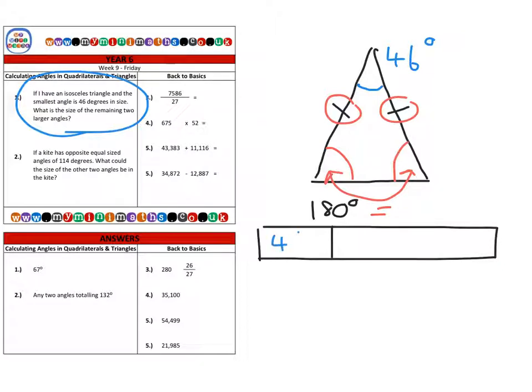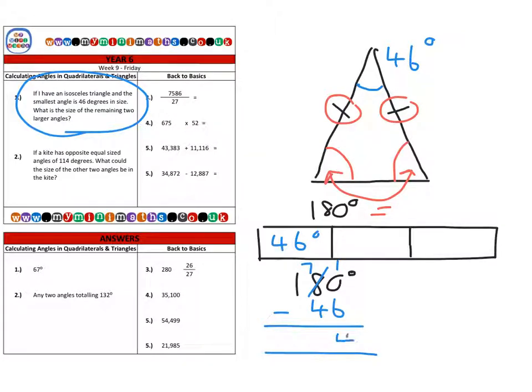and I remove the 46 degrees, and I know the remaining two angles are identical, then I know if I take the 180 and I subtract the 46, I'm going to be left with 134 degrees for these two angles.